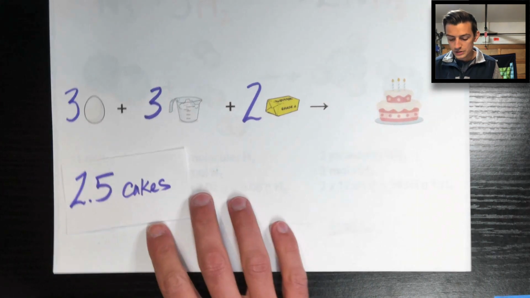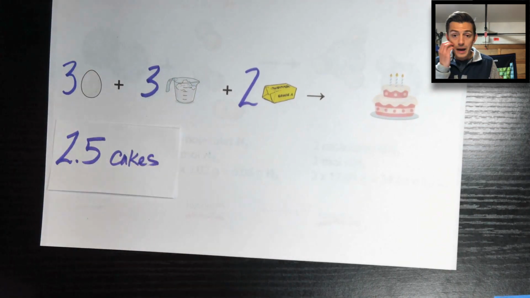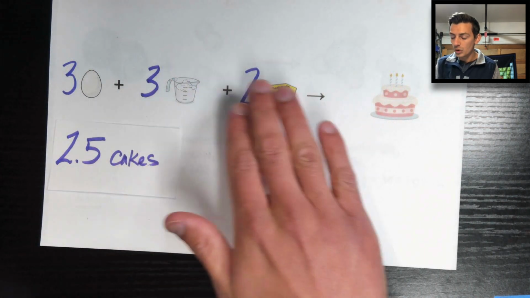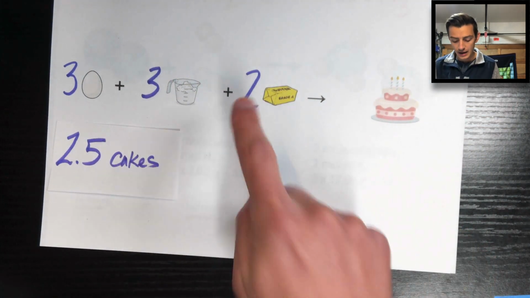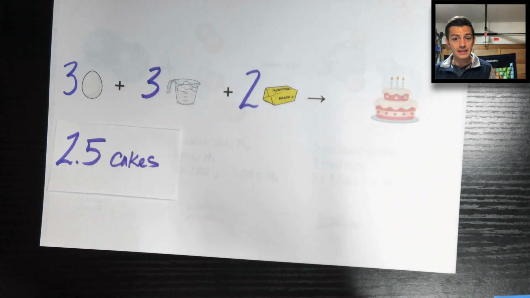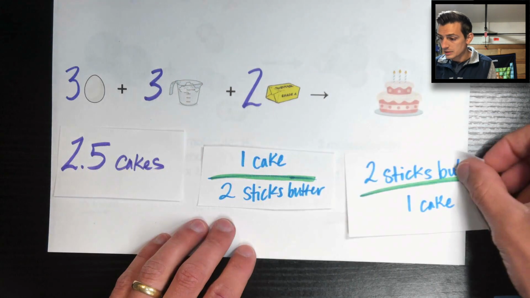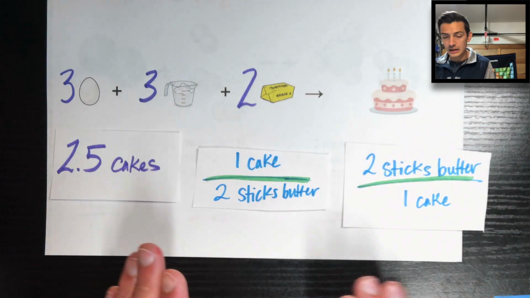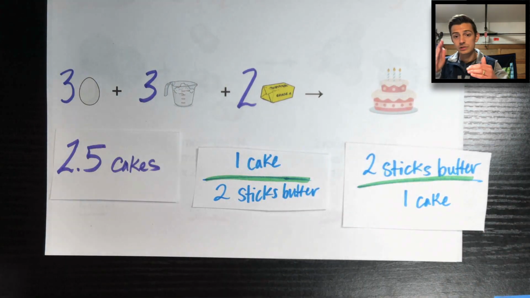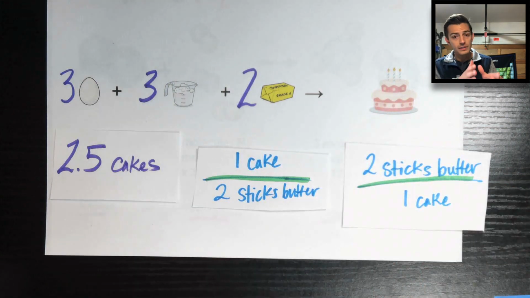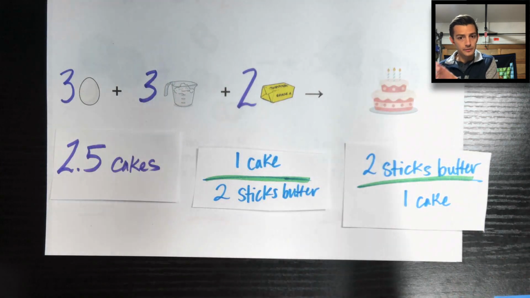Okay, so to make 2.5 cakes, I'm going to have to figure out what the relationship is between cake and butter. Now, I can write the relationship between cake and butter as unit equalities. If you remember, a unit equality is saying this unit is equal to a certain number of the other thing.